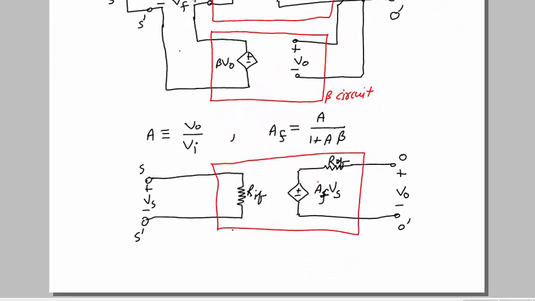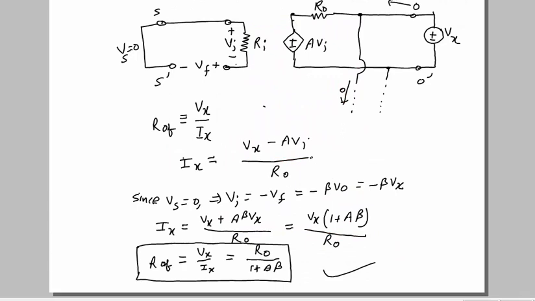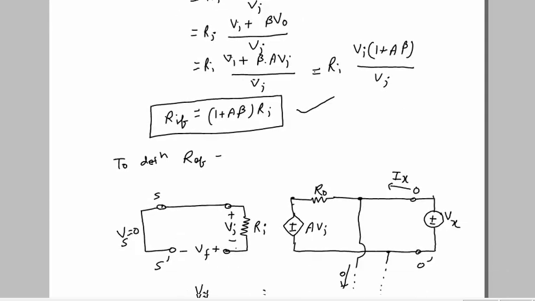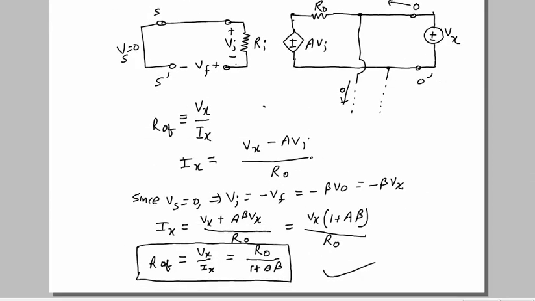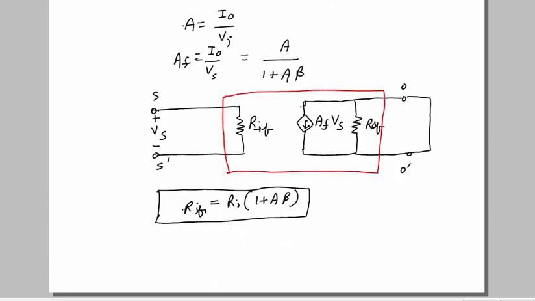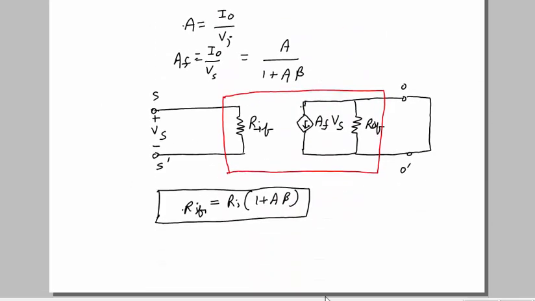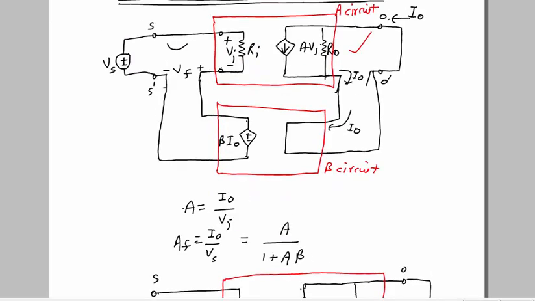Series, what we got? The input resistance increased. Okay, then I'm just looking at the input side. Then second what we had, series shunt feedback amplifier, series. Okay, so RIF increases.